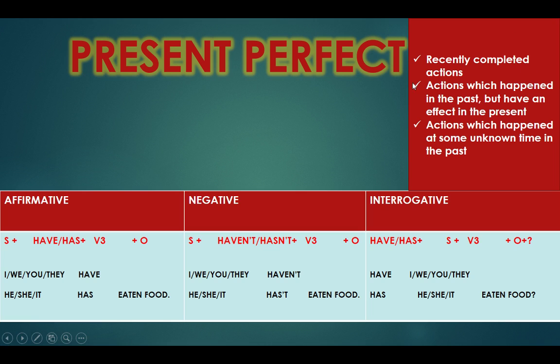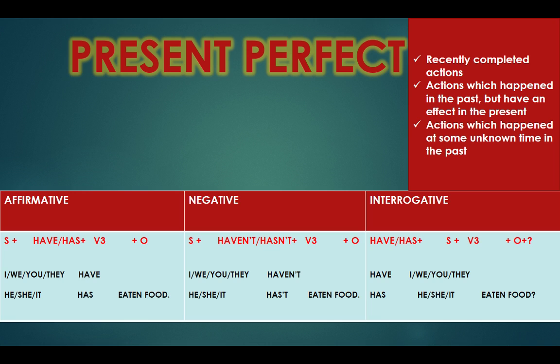Usage number 2. Here we go. Actions which happened in the past but have an effect in the present. Do you understand something? No? Let me give you an example. The action happened in the past, but it still has an effect in the present too. For example, I have broken my arm.